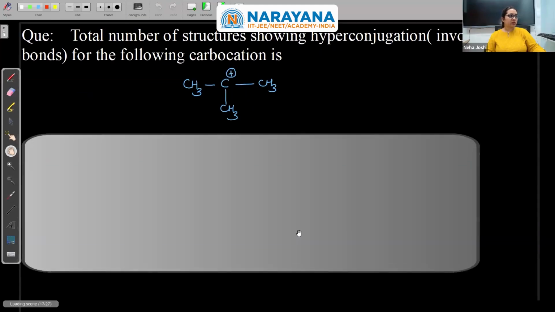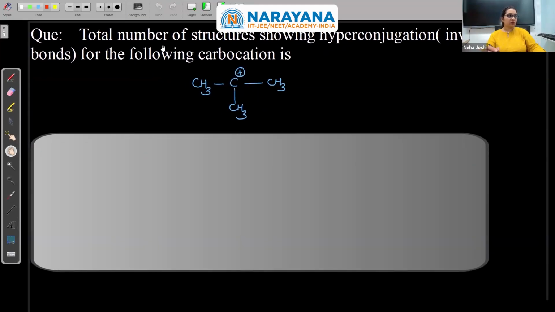A similar question, the total number of structures showing hyperconjugation involving CH bonds. Now, very clearly mentioned, involving CH bonds. You don't have to take this structure for the following carbocation. How will you do it? You will simply take this one. So you have to take alpha positions and mark them.